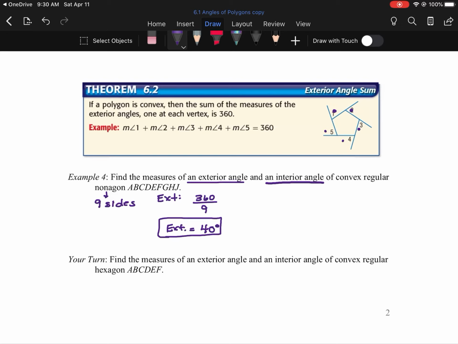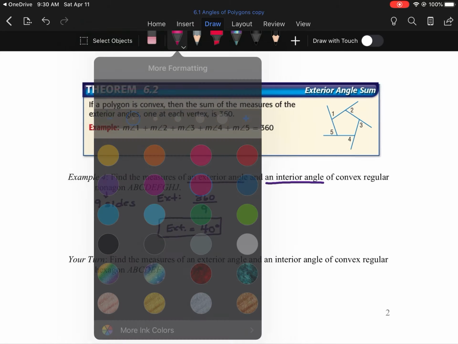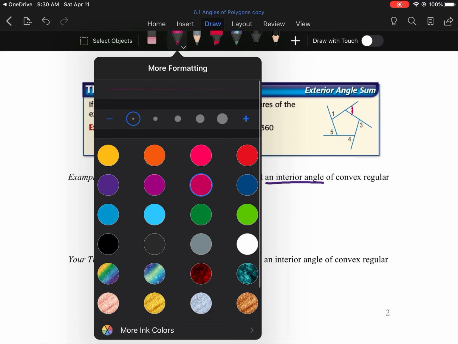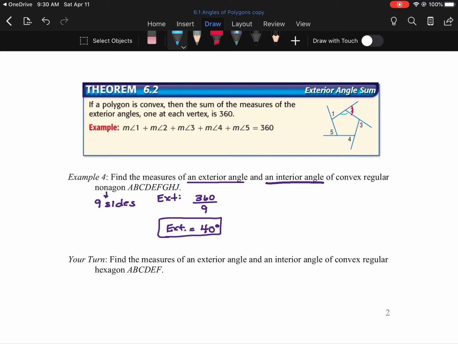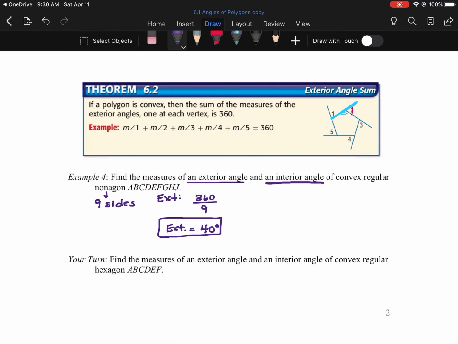Super easy, huh? And if you notice here, let me erase some of my lines. Let me pick a bright color. If I know my exterior angle, that angle and my interior angle create a straight line. And we all know that a straight line is 180 degrees.